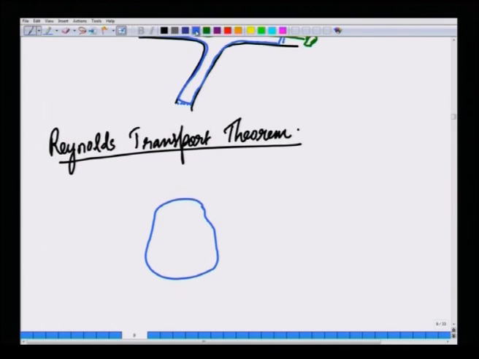This is our CV indicated in blue, and let us identify our system, or the control mass, to be that which coincides with the CV at a given instant of time. This is time t0. At time t0, the system and CV, which is short for control volume, coincide.